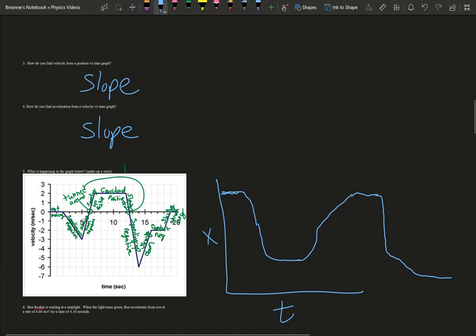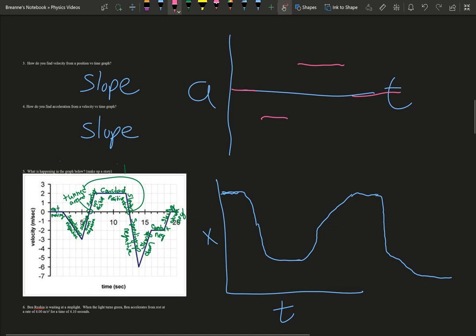If we did our acceleration, I'm just going to do it up here so I can still see the graph. So an acceleration versus time graph. So not moving, so no acceleration. So that would be a negative slope. That's all a positive slope. That's a zero slope.